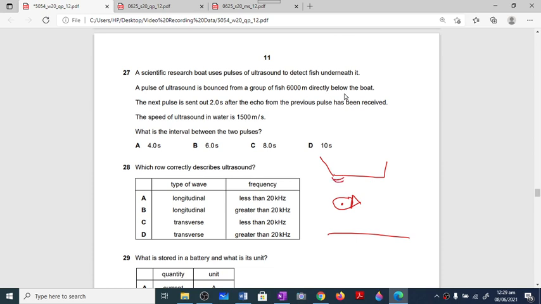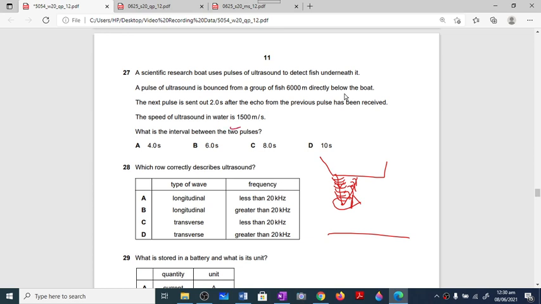The pulses of ultrasound are emitted from this and they are moving back. He is saying that it will take 2 seconds to emit the pulse and reach the first pulse on the surface of the detector which was present on the boat. After 2 seconds, the next pulse will be emitted. So what is the time interval between the two pulses?